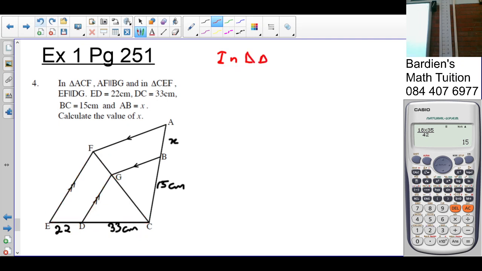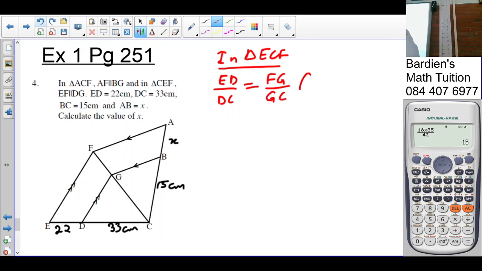In triangle ECF, we can say that ED over DC is equal to FG over GC. Why? Because of the proportionality theorem, with EF being parallel to DG.